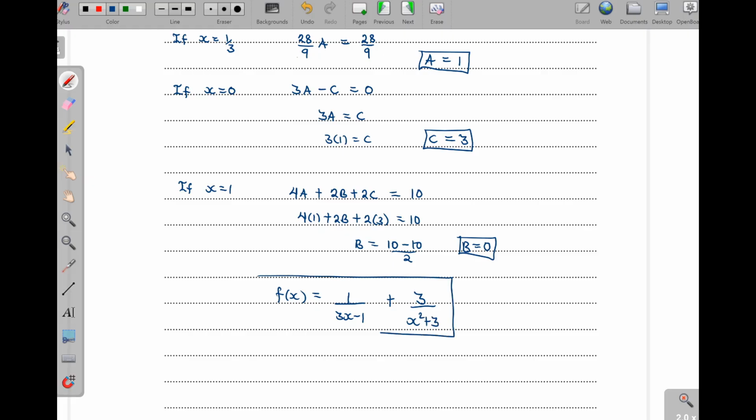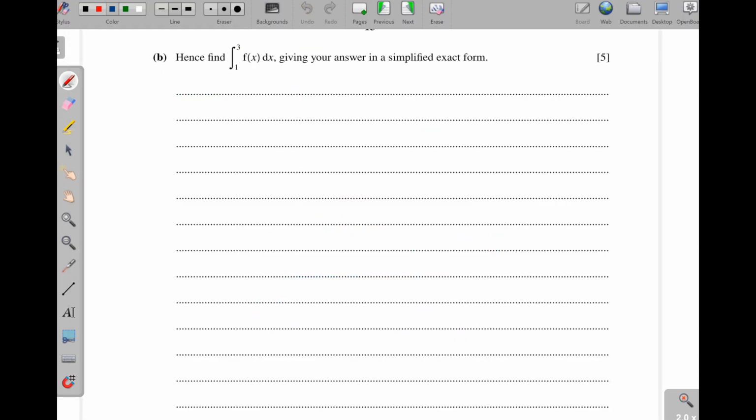And that is that. Now part b, you can see that it is coming from integration. Hence find the integral of f of x from 1 to 3 with respect to x. Now, what are we going to have here? When we are integrating from 1 to 3 of f of x with respect to x, we are integrating from again 1 to 3, and we have 1 out of 3x minus 1 with respect to x.